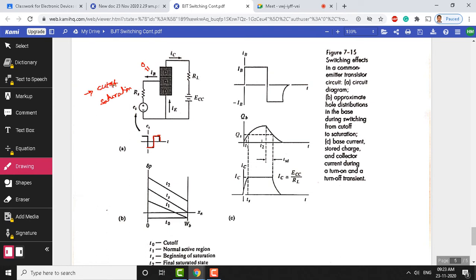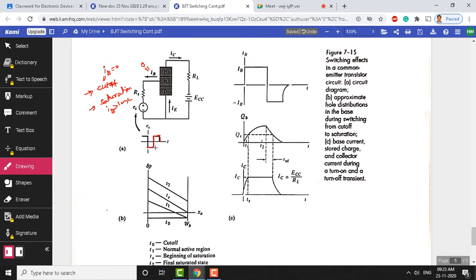When we move from cutoff to saturation, we need to apply a large base current. So saturation means the IB value will be very large. In the cutoff, IB is 0, base current is 0. Now we need to have a large base current here. That's why we switch, and this is the timing waveform, a step waveform.